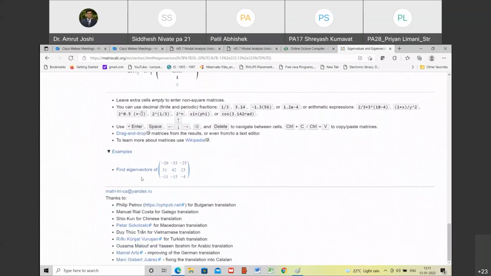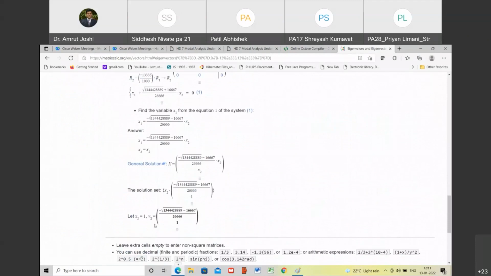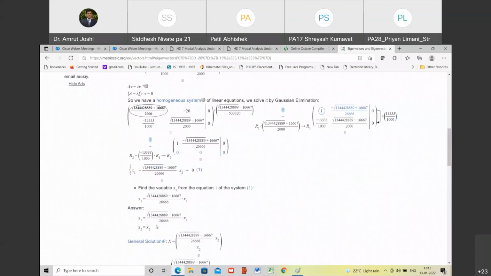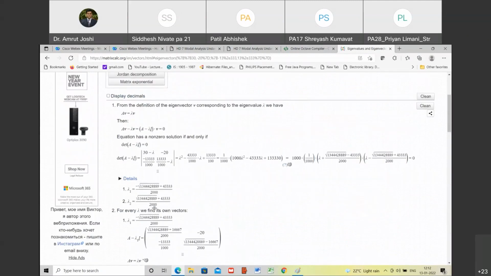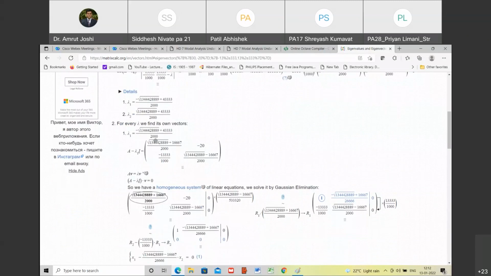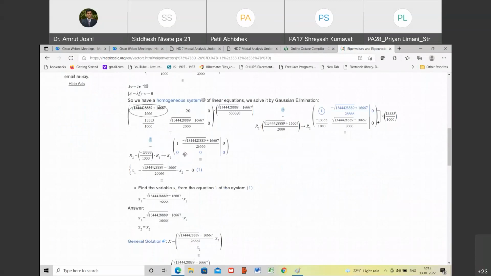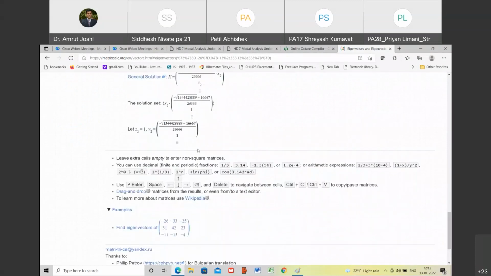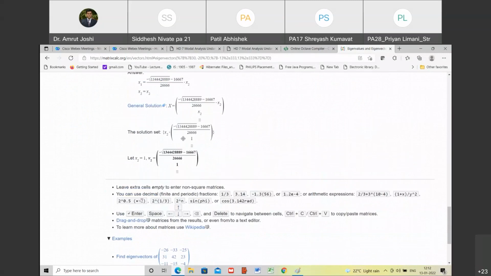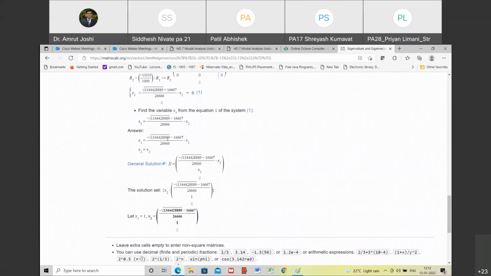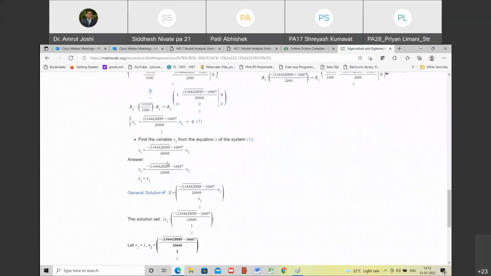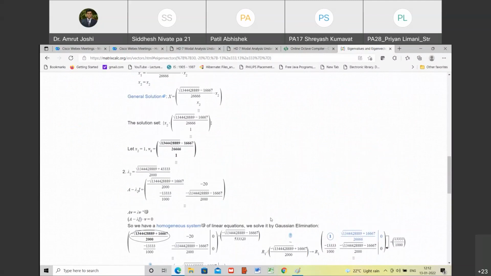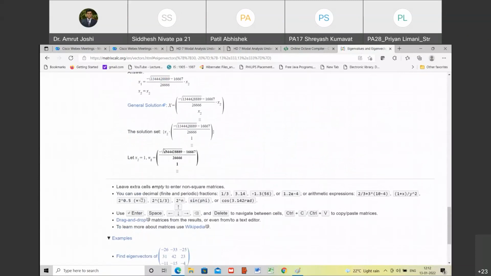So where are the eigenvalues? It should give me the eigenvalues, right? Okay.